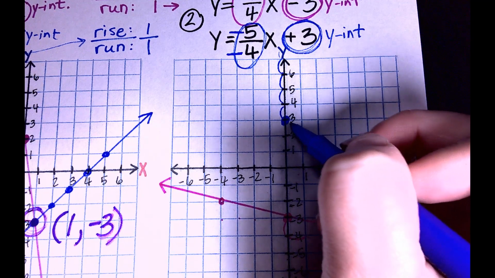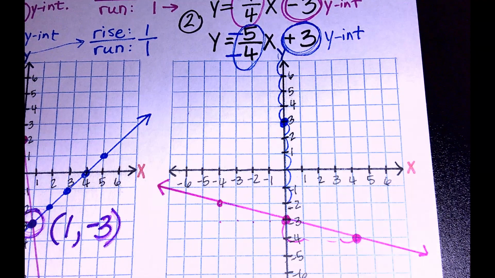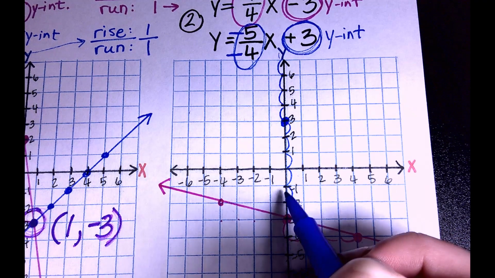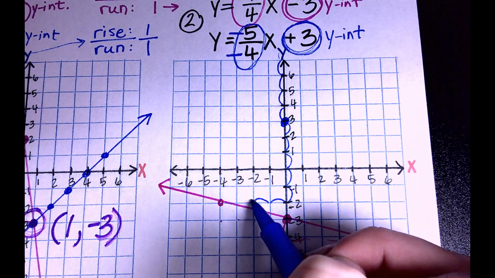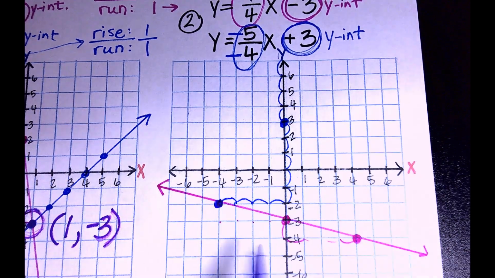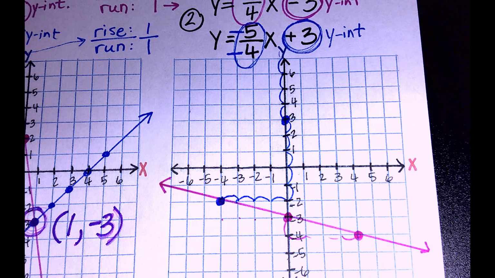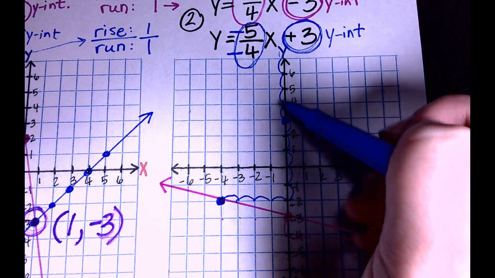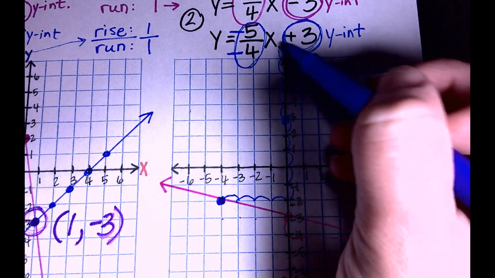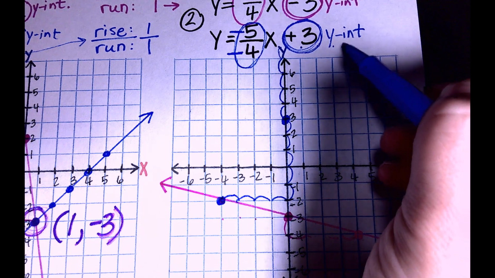So I'll start here. 1, 2, 3, 4, 5. And then I'll go over 4. 1, 2, 3, 4. And now I have a point on my graph. And you'll notice if I still did the slope up 5 and over 4, 1, 2, 3, it would be about right here.